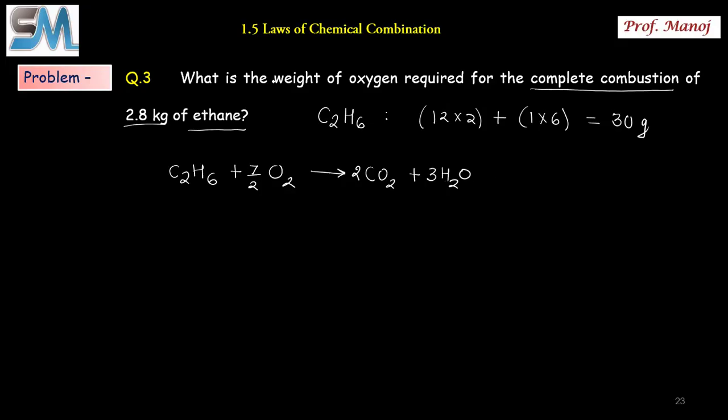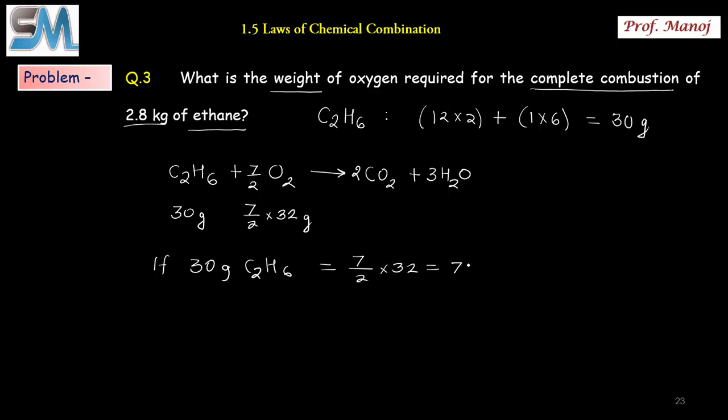Now there is a little difference here. The question is about weight, not volume. So here, molecular weight of ethane is 30 gram. 7/2 into 32 gram is the amount of oxygen. So it means if 30 gram ethane is taken, we need 7/2 into 32.